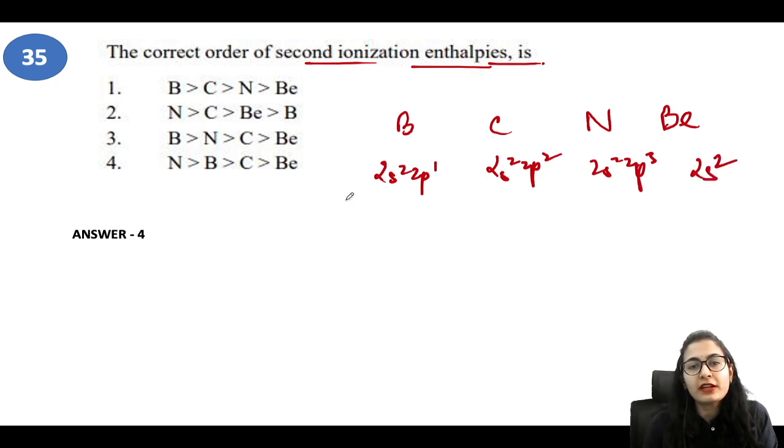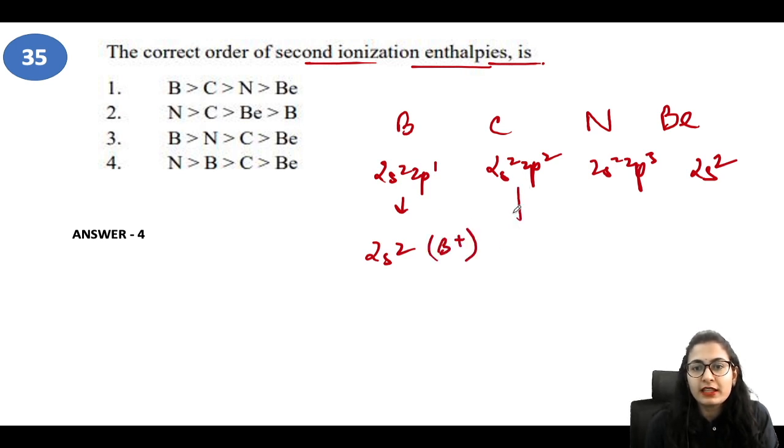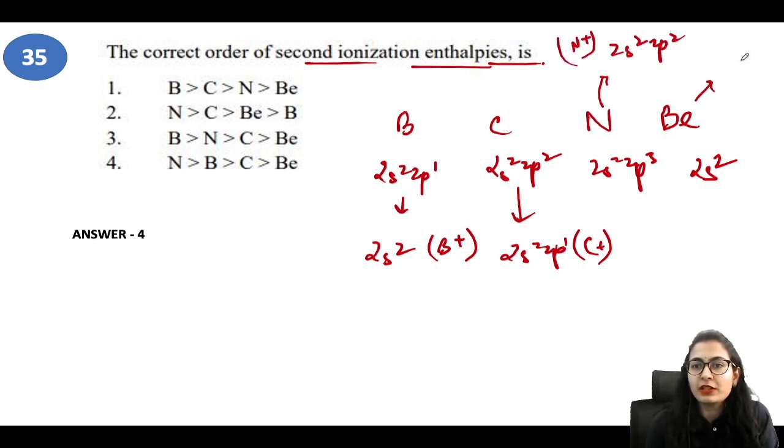So when we are talking about the first ionization enthalpy, boron positive gives you 2s2 only, carbon positive gives you 2s2 2p1, nitrogen positive is going to be 2s2 2p2, and beryllium positive is 2s1 now.